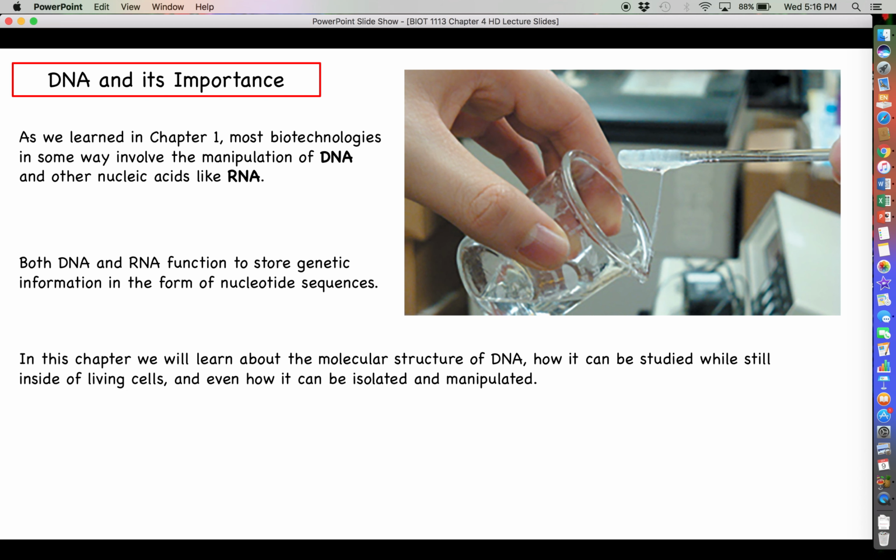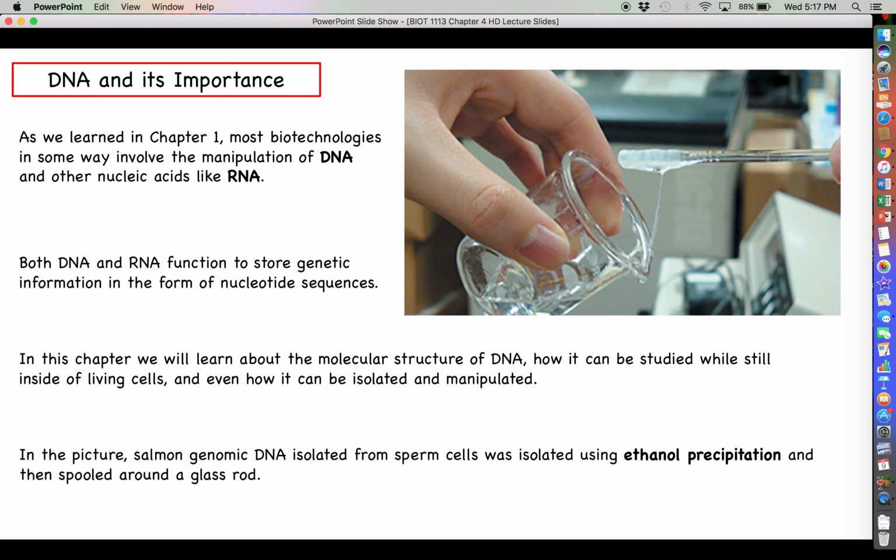In this chapter, we are going to learn about various things like the molecular structure of DNA and how we can go about propagating it, isolating it from cells, and then studying it and manipulating it.